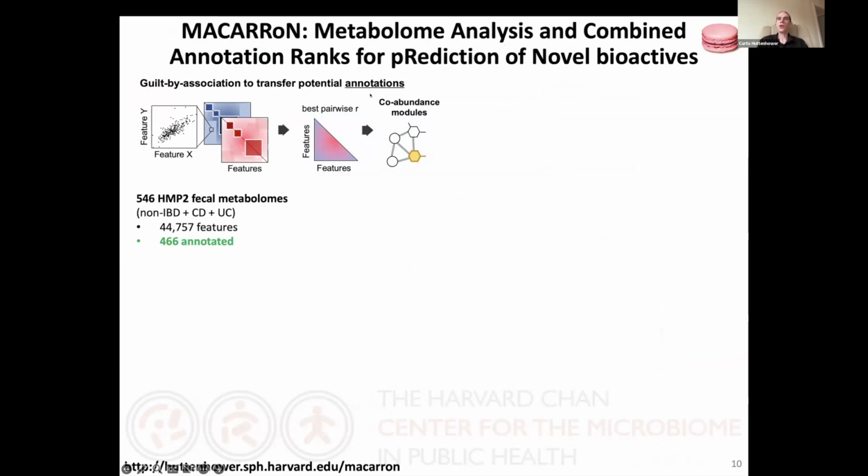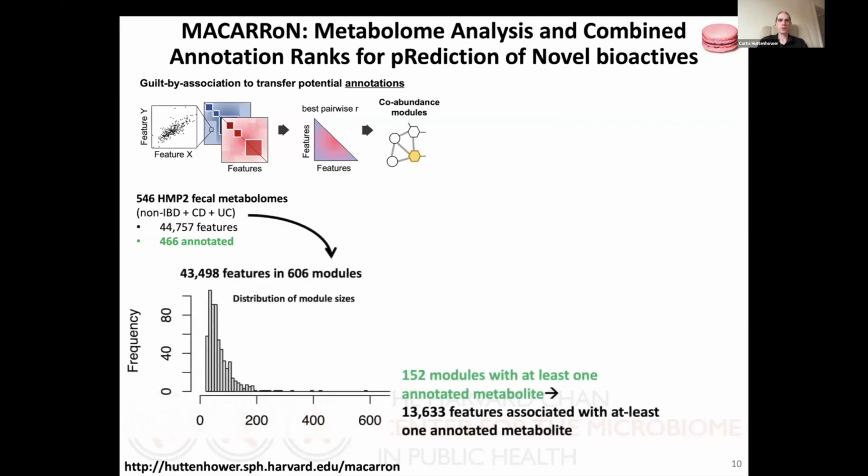We can cluster all of these chemical features into co-abundance modules by covariation in abundance across the different microbiomes. And we've tuned Macaron such that these modules are about the size that you would expect for a single chemical pathway. Of the 600 or so total modules, 150 of them from this particular data set include at least one of these annotated features, which we can then use to transfer information about its chemistry to other members of that module.